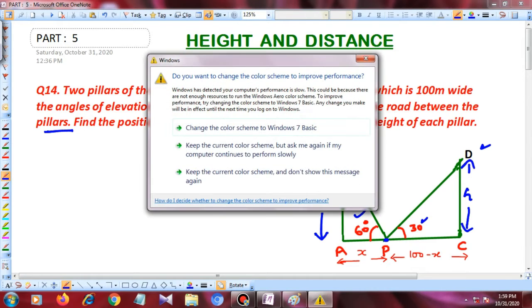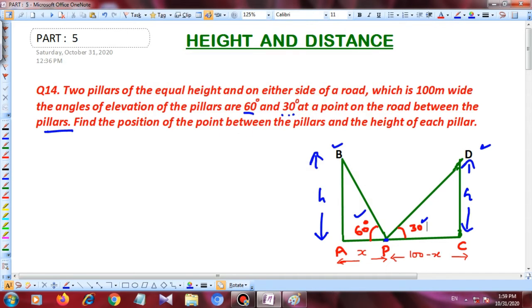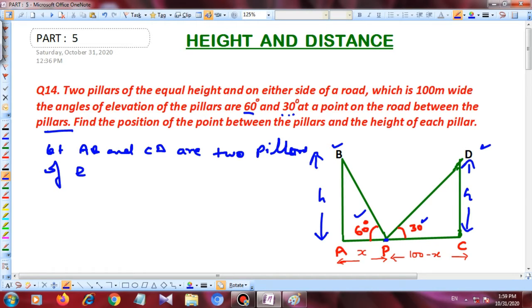So the statement will be: let AB and CD be two pillars of equal heights.